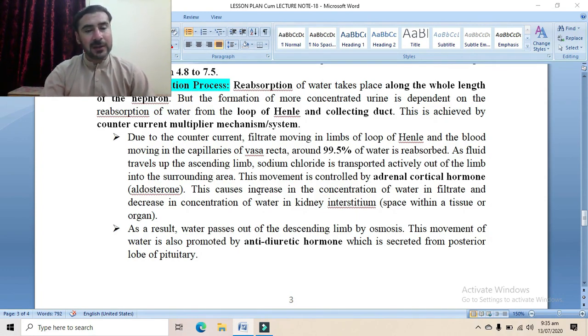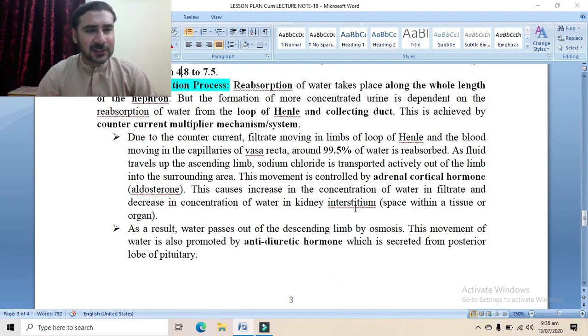Now what happens as a result of this transport? This causes an increase in the concentration of water in the filtrate because the solute is transported out of it. So as a result, the water concentration will become higher and the solute concentration will become lower. Now in the space where the sodium chloride is released, the solute concentration will increase.